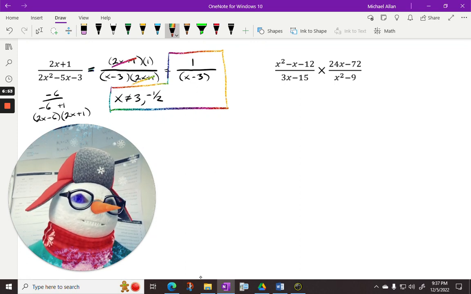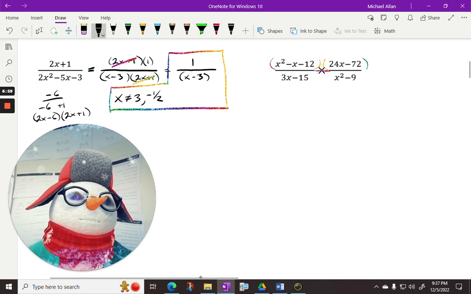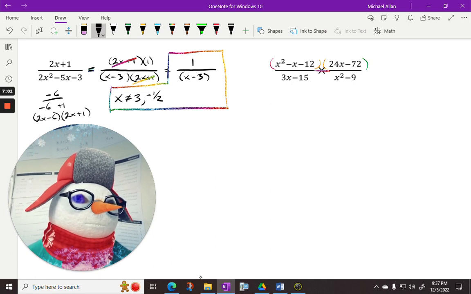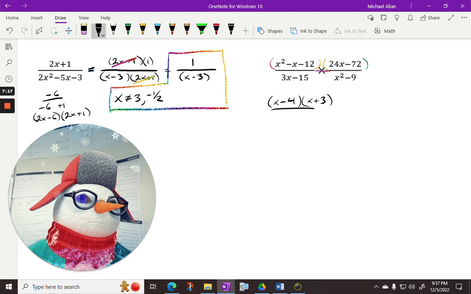That's just kind of like an extension across the vinculum there. So let's factor the top over here. That doesn't seem too bad, so I'll just put a bracket, bracket, bracket, bracket. X times x, what multiplies out to -12 and adds to -1, so that's probably -4 and +3.